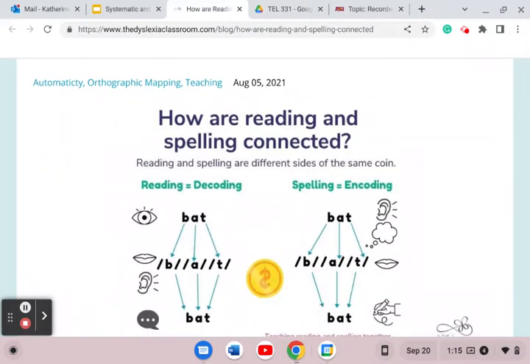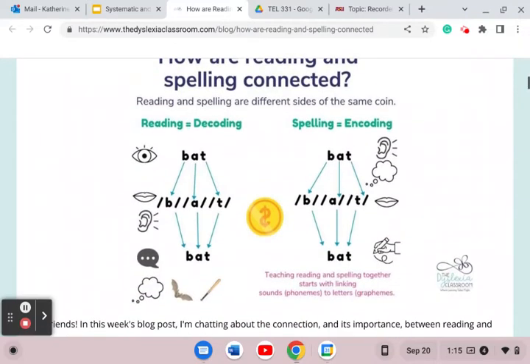And obviously you can stop and say the sound of the word. If you can sound it out and you know your letters, you can put them together. So you can see that decoding, we know what that means, right? You're decoding the letters, and spelling is encoding. So you're decoding a word to sound it out, and you're encoding to make the spelling of that word.